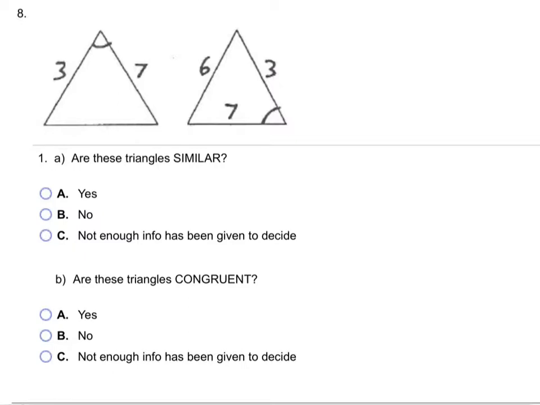Did you guys notice side, angle, side, right? Side, angle, side. 7, angle, 3. They have the same side, angle, side. Remember, what does side, angle, side prove? Identicalness. Congruence, huh? So those two triangles are congruent by side, angle, side.